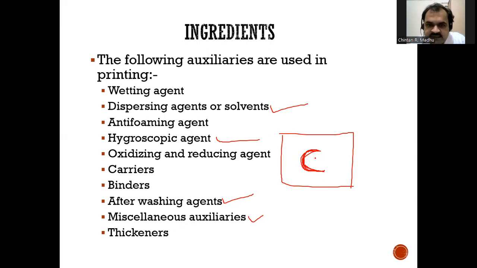So the thickener will increase the viscosity of your printing paste, and viscosity again depends on your selected machine. Like if you are working on a flatbed printing machine, then the viscosity is different for the same dye, same fabric, than when you are working on a rotary screen printing machine.